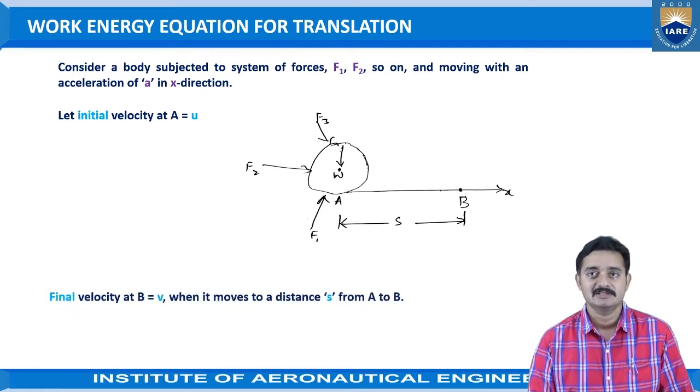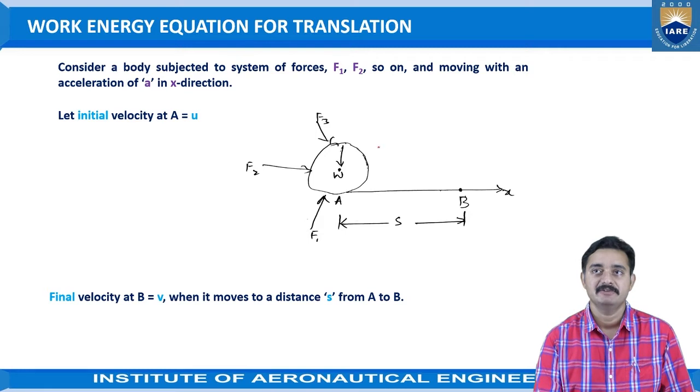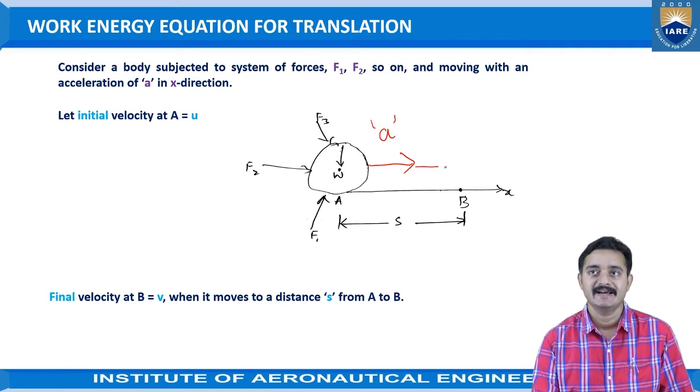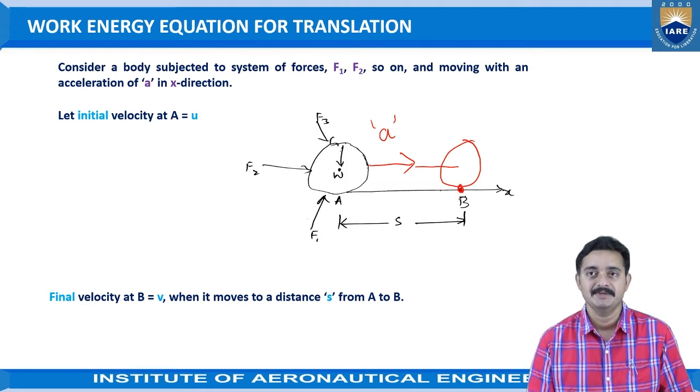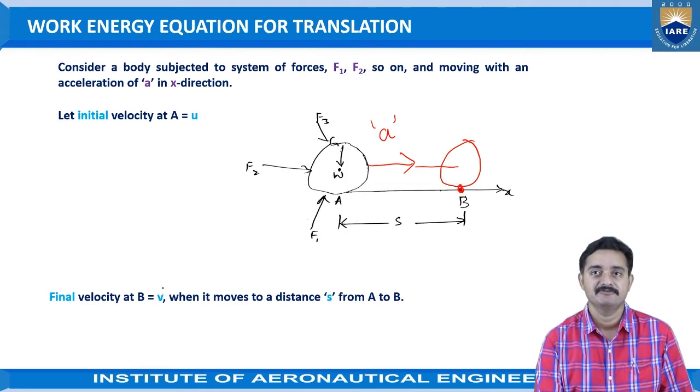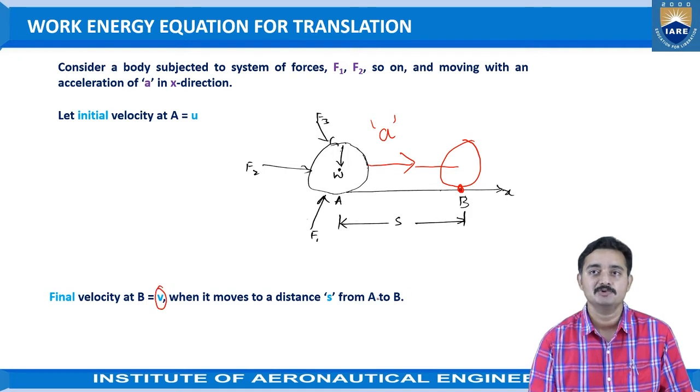And the final velocity at B, that means when this object is moving with an acceleration of a and has reached the position B, the final velocity when it reaches the point B is considered as v, when it moves a distance s from A to B.